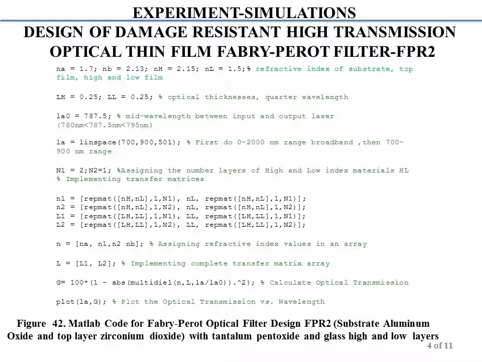The next slide shows the MATLAB simulation which achieved those results, and this one in particular is using refractive indices of 1.7 for the substrate, 2.13 for the top film, and high and low film, 2.15 and 1.5 respectively.